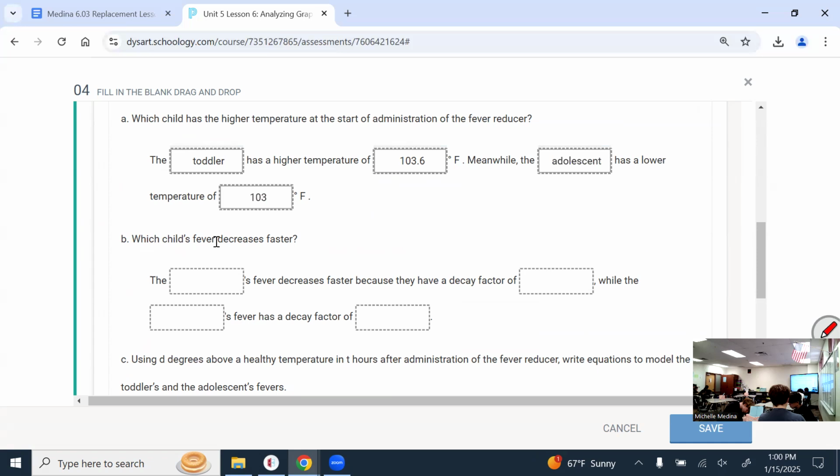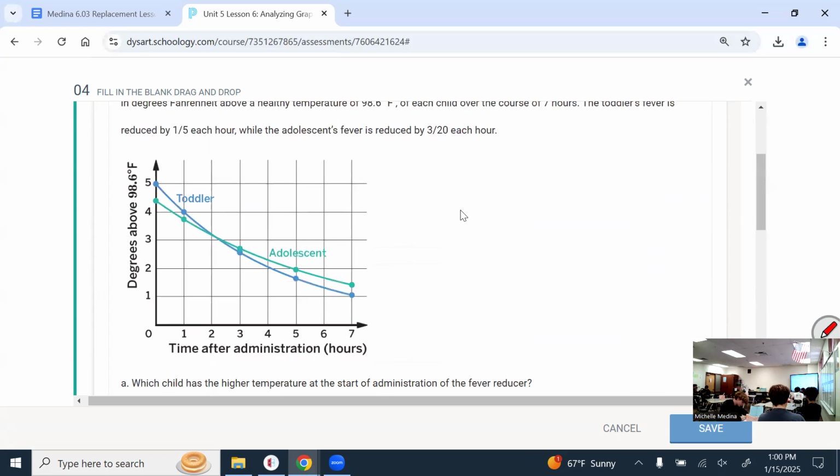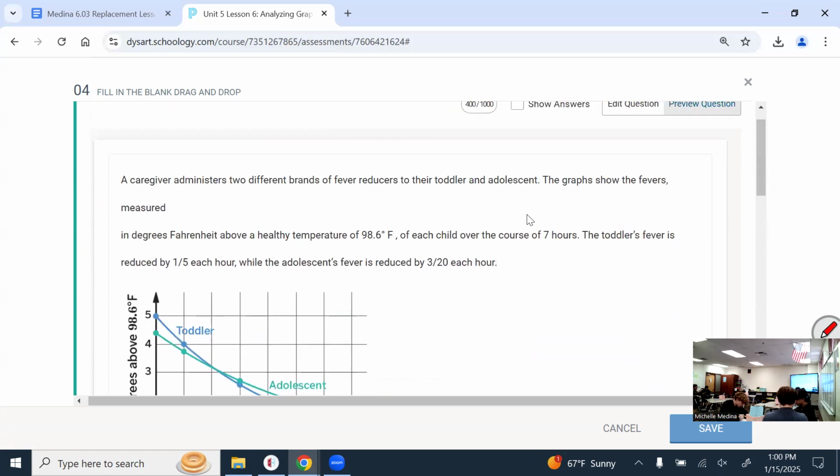Anyway, which child's fever decreases faster? So you could kind of try to look at it, but in just words is where I'm going to look because it's more exact. If it's decreasing by 1/5, that equivalent decimal is 0.2. The adolescent is decreasing by 3/20ths, so that equivalent decimal is 0.15.